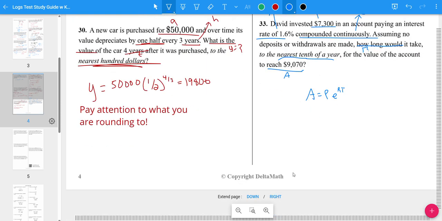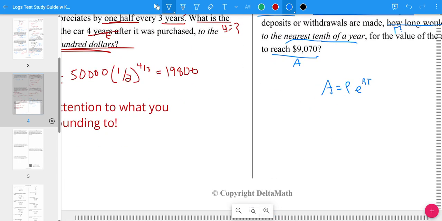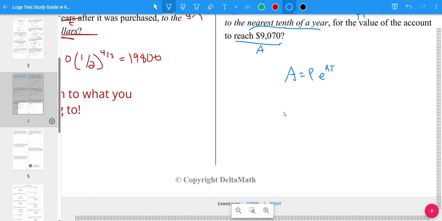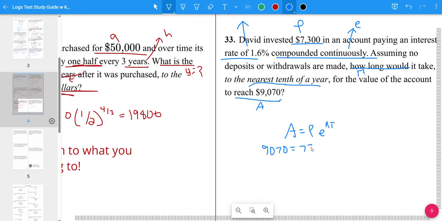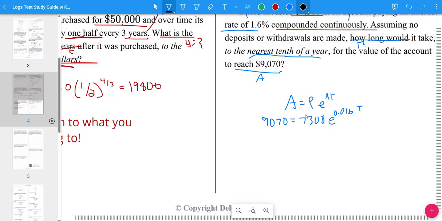I like to write caps because my handwriting's bad. So I've got 9070 equals 7300 E to the 0.016 times T. Okay, so first thing to do, we're back to like number 17.